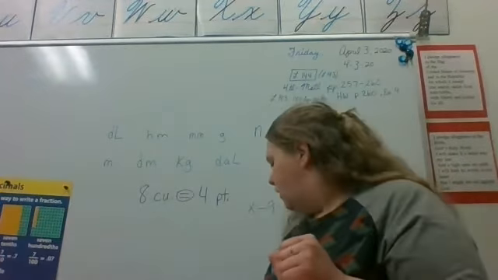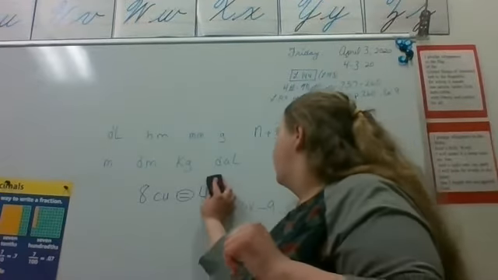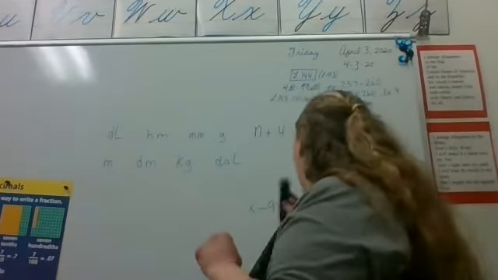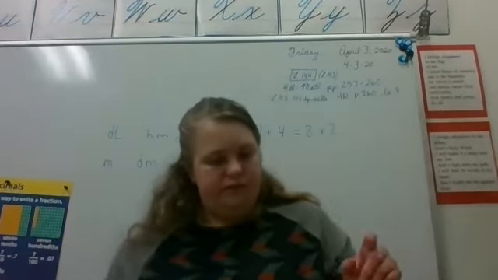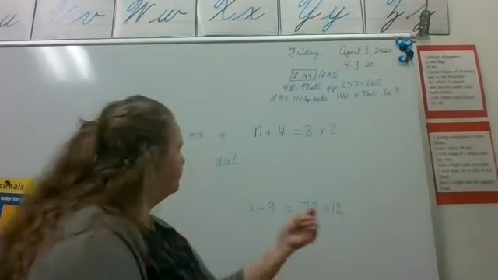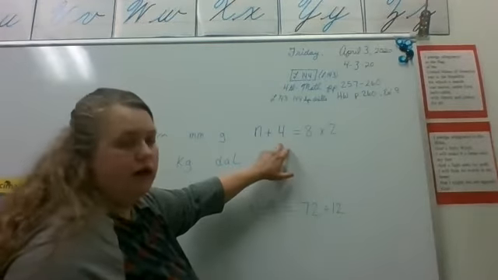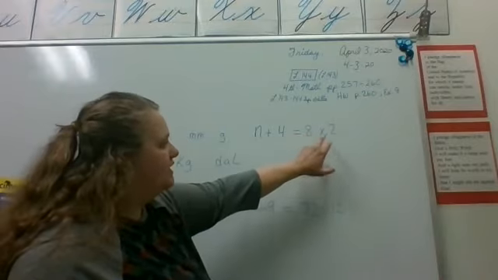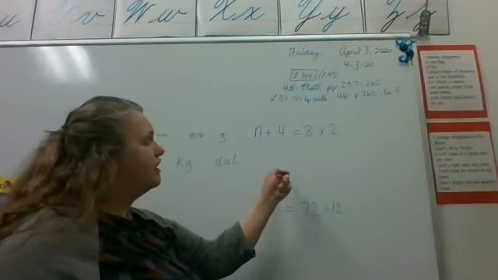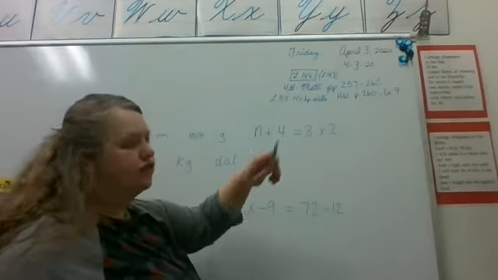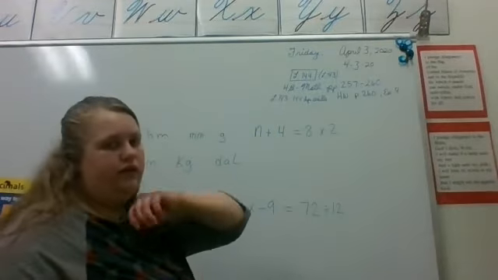We're going to start with using the letter N. I'm going to erase that one, and we're going to go to this equation right here: N plus 4 is equal to 8 times 2. We're going to do this equation, and then I'm going to give you a chance to pause it so you can take the speed drills, but I wanted to do this first one with you.